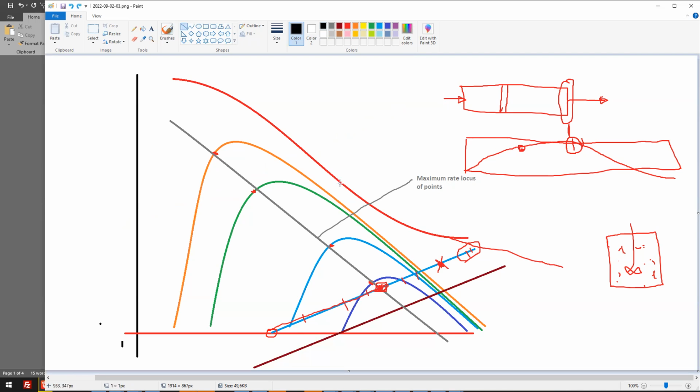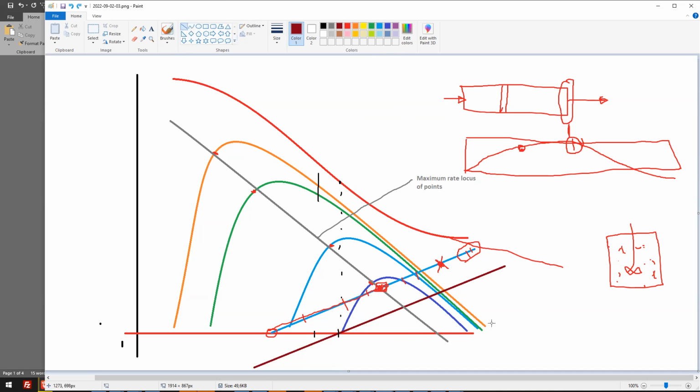So for example, if this was your equilibrium temperature, then you just subtract 10 Kelvin from that, and then you say, that's the temperature I want to stop at. And of course, this is all happening with respect to our operating line.